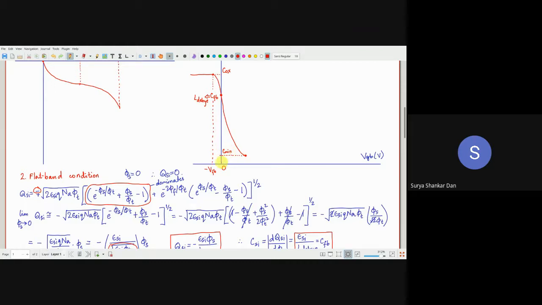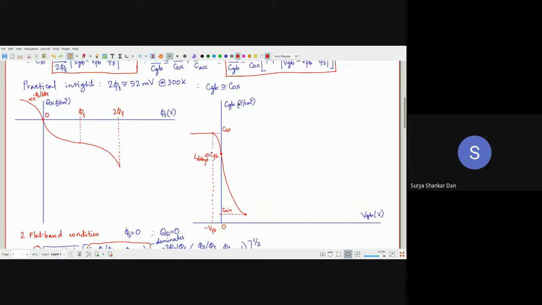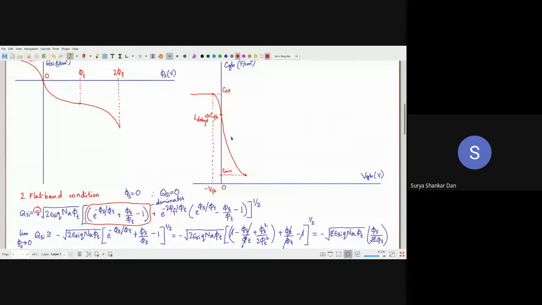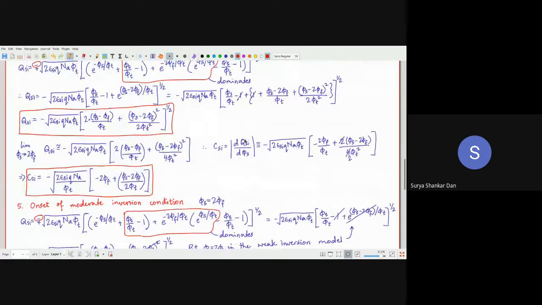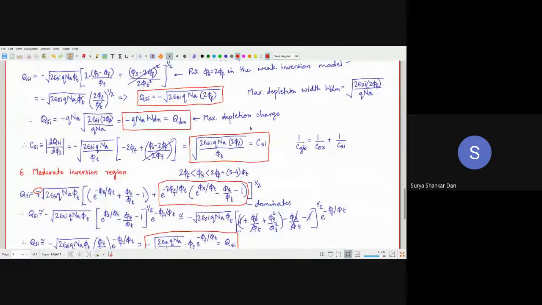The minimum capacitance is basically for what? For the CGB axis. Okay? So in your CV curve, whatever you are going to get, this is your C min now. Okay, so I'll put it in the blue color.